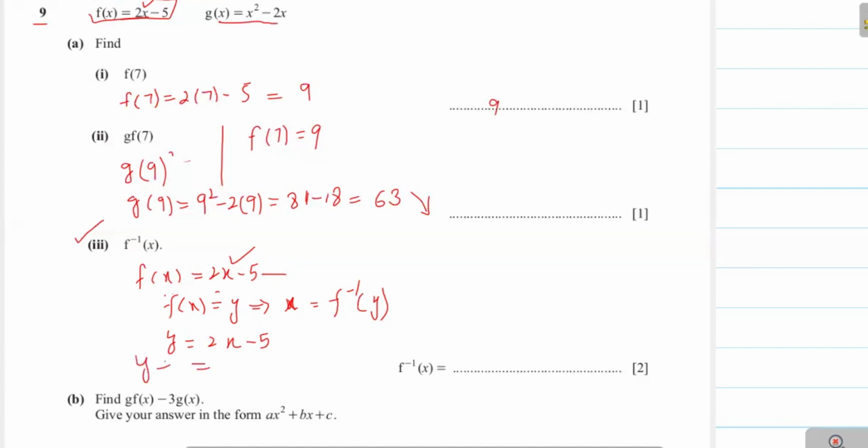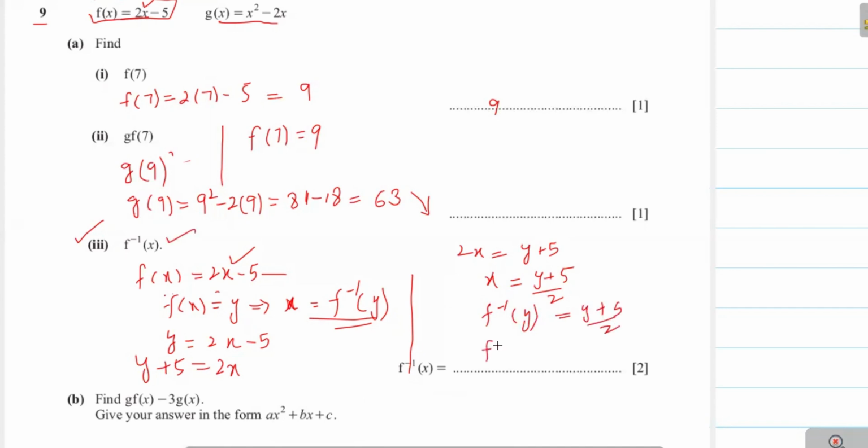This becomes y plus 5 equal to 2x, and therefore x will be equal to y plus 5 over 2. So f inverse of y equals y plus 5 over 2. Replacing y by x, f inverse of x equals x plus 5 over 2.